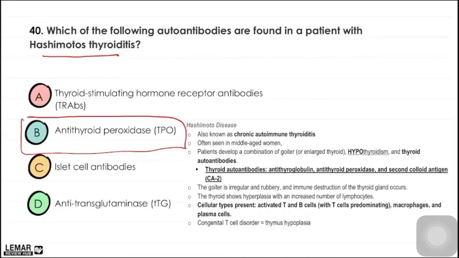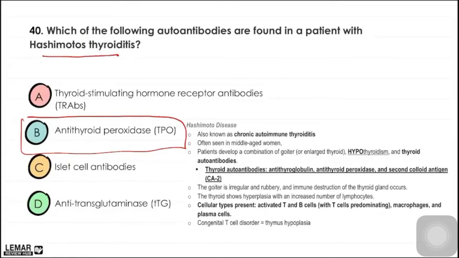So, these antibodies, the antithyroid peroxidases, are associated with Hashimoto thyroiditis, and also with Graves' disease, which is the counterpart of Hashimoto thyroiditis. Hashimoto presents with hypothyroidism.